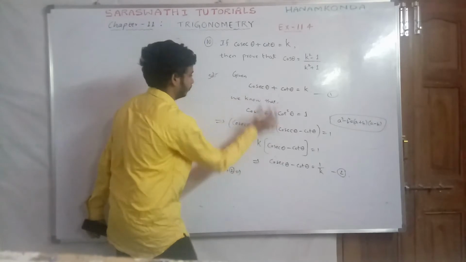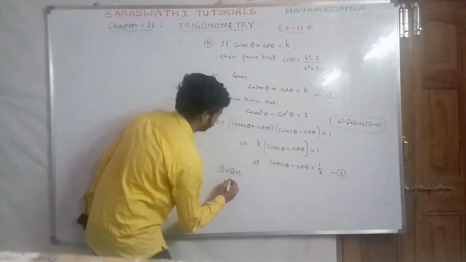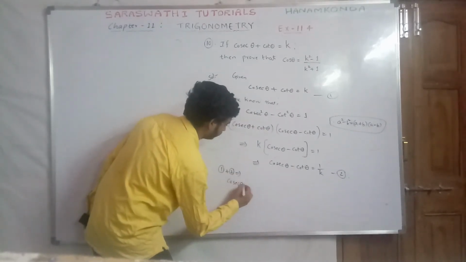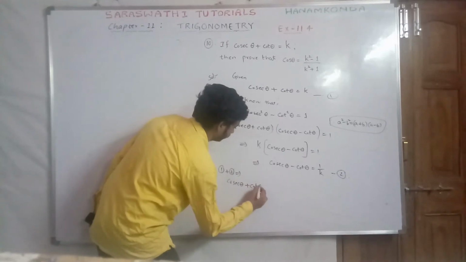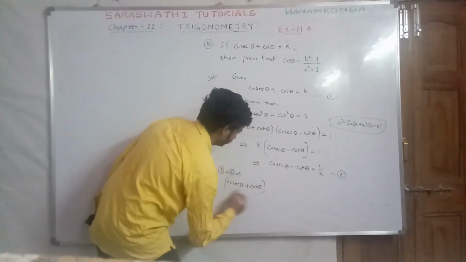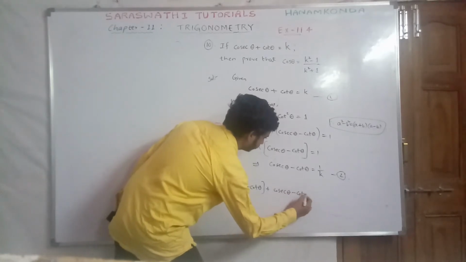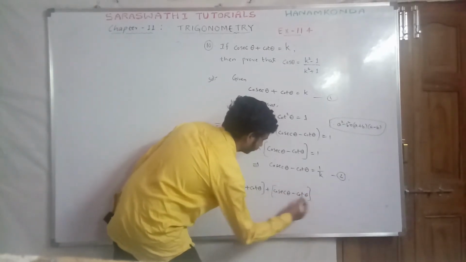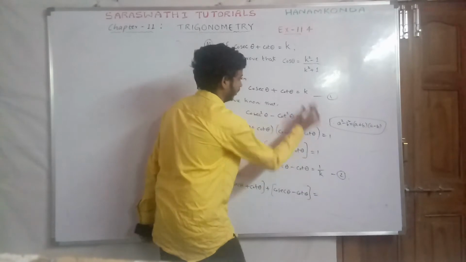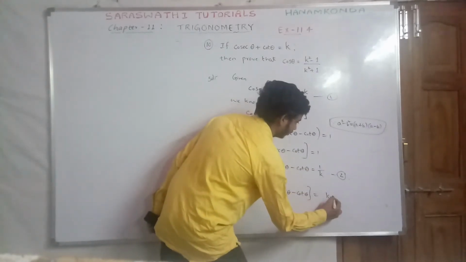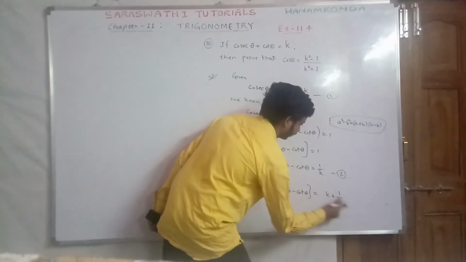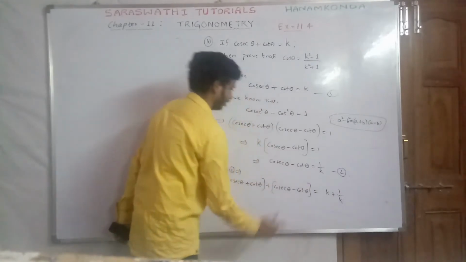If we add both 1 and 2, the left side becomes cosec theta plus cot theta plus cosec theta minus cot theta, equal to k plus 1 by k. This is the right side term, these are the left side terms.